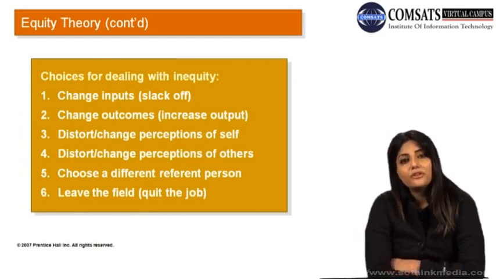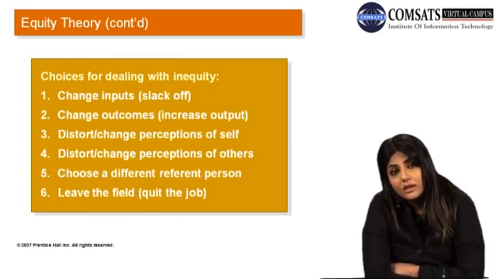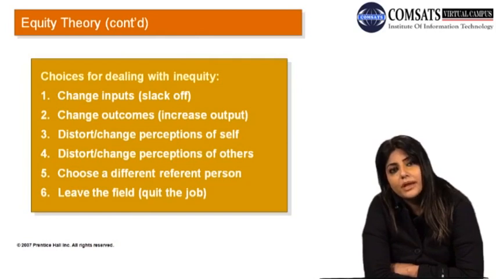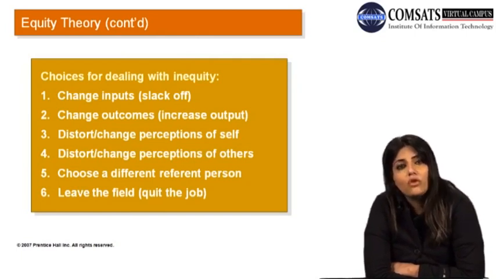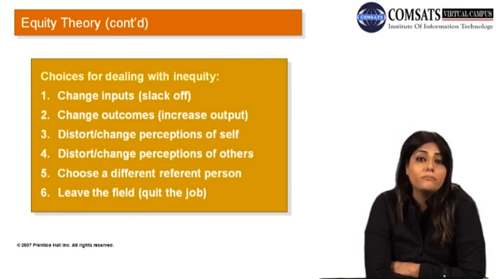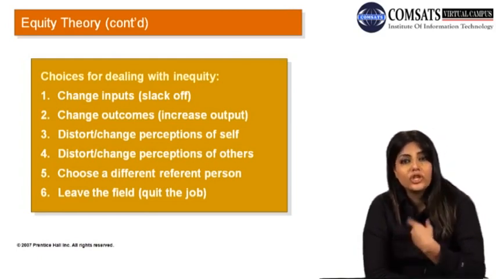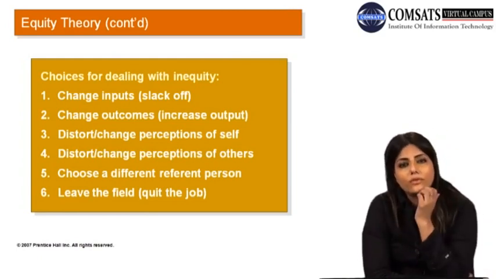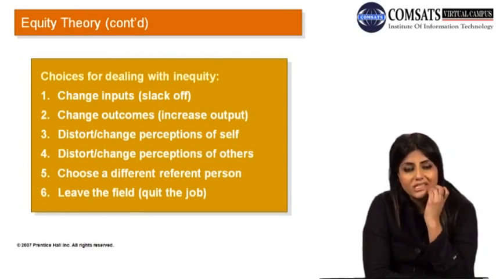Then they can choose a different referent person altogether. For example, okay, maybe my output or my rewards are not as good as those of my brother-in-law, but maybe they are better than what my father used to get. So you're trying to change your referent other, and then you can altogether quit the job, just as Jane thought of quitting the job.